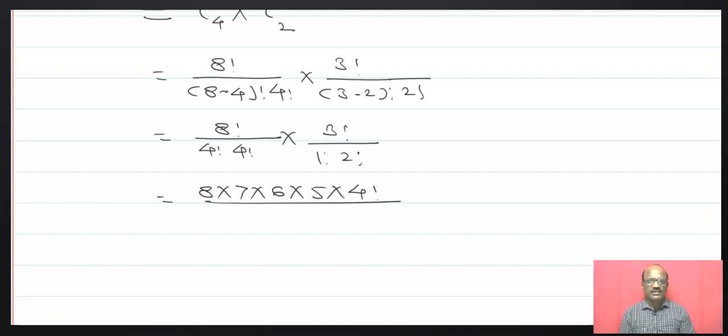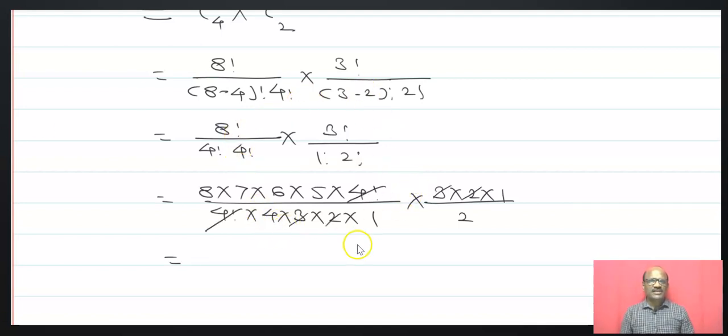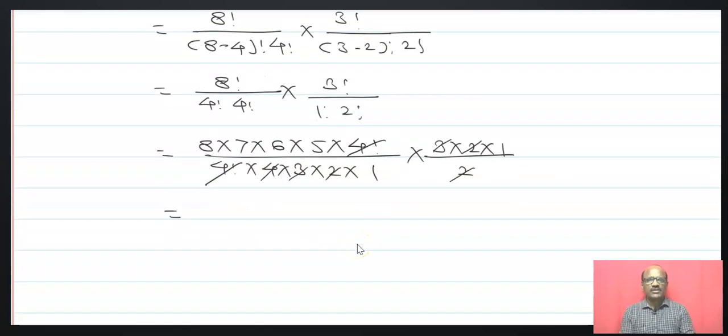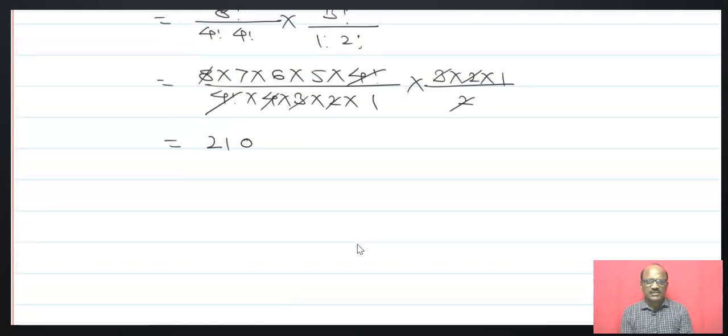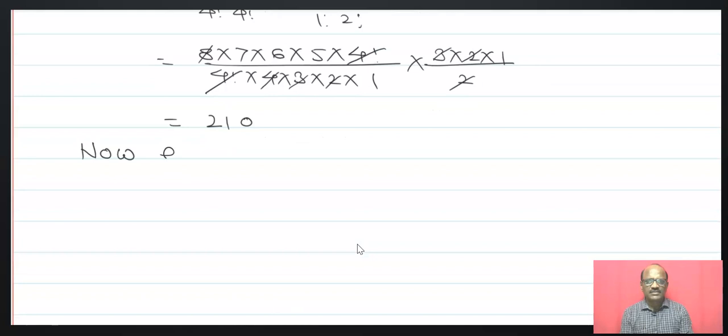We can extend, that is 3 into 2. It is not necessary to extend this 4 factorial into 4 into 3, and this 3 gets cancelled, but still okay. No problem. I had done this calculation at that time. That is 210 words can be formed.